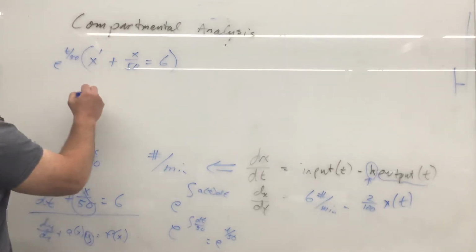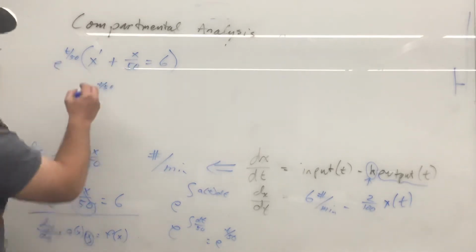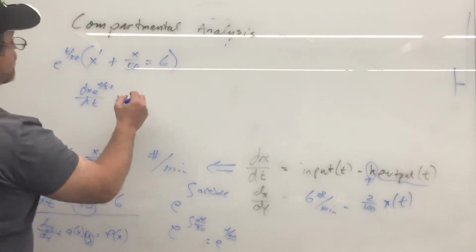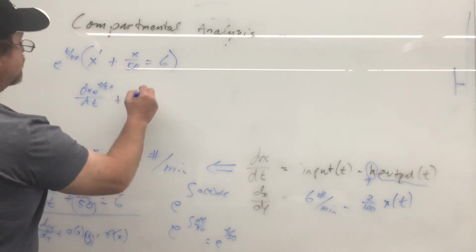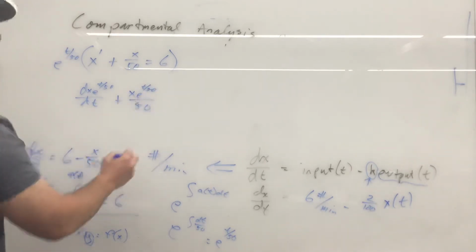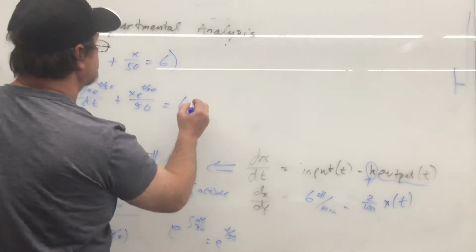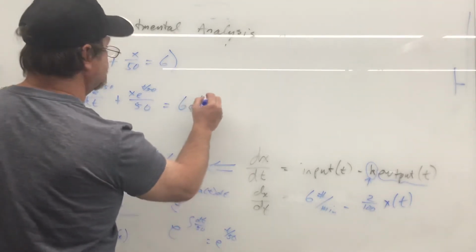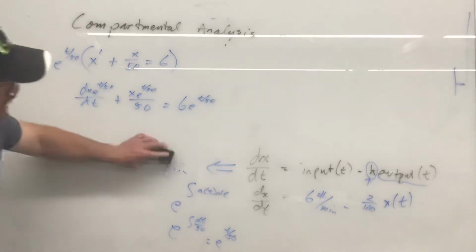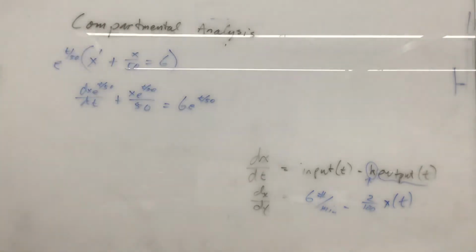And so we have dx/dt e to the t over 50 plus x e to the t over 50 over 50 equals 6 e to the t over 50. And we're going to want to solve that problem.